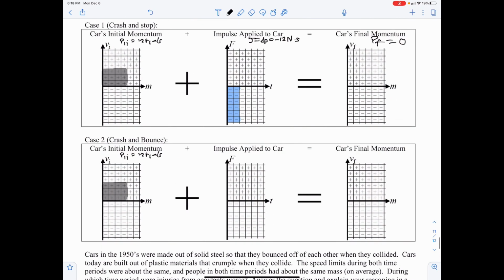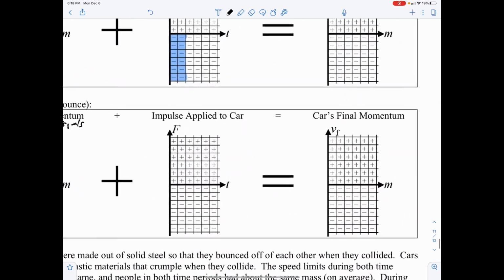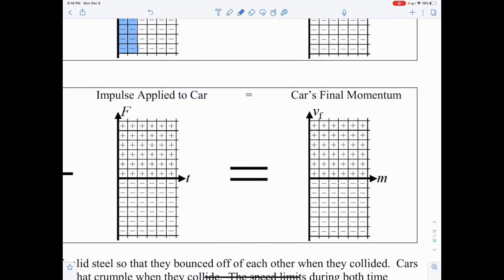So now it's going 3 meters per second backwards. So how's that possible? Well, to go 3 meters per second backwards, now you're looking at the car having a negative momentum. So in other words, I would draw it just like this.